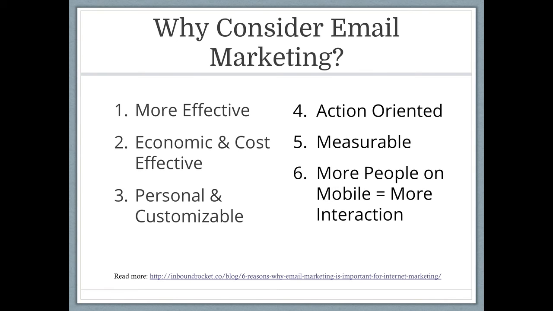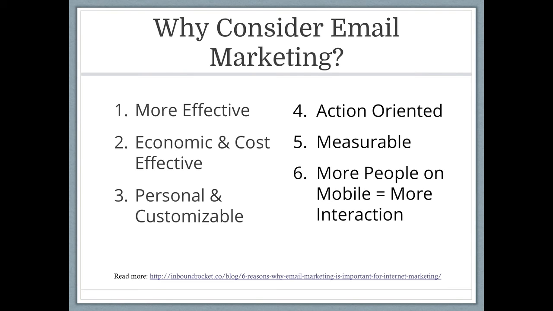Also, email marketing is very action oriented. When we're crafting these emails, and the emails that we'll be looking at later, there's always going to be a call to action in every single email. Whenever we email a customer or a potential customer, we want them to take some specific action, whether that's signing up, buying a bonus box, or following us on social media.